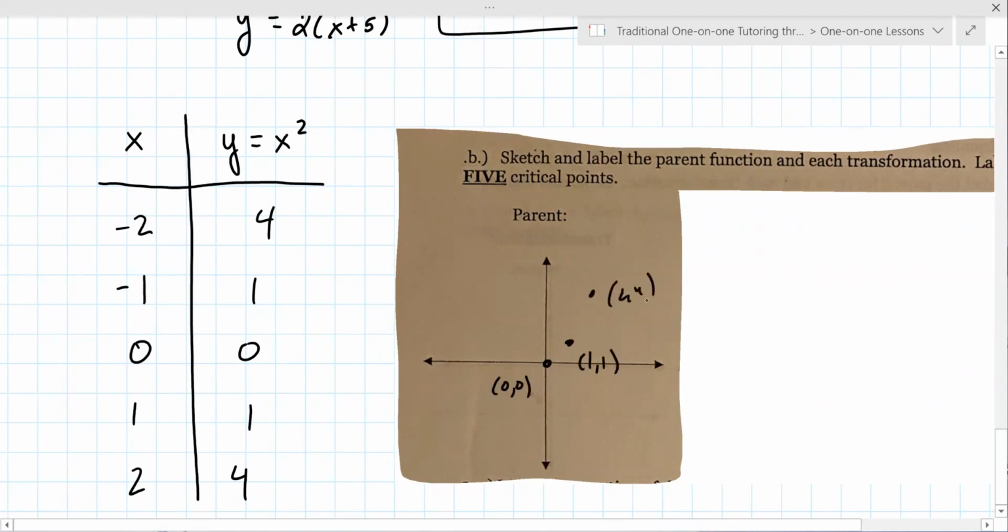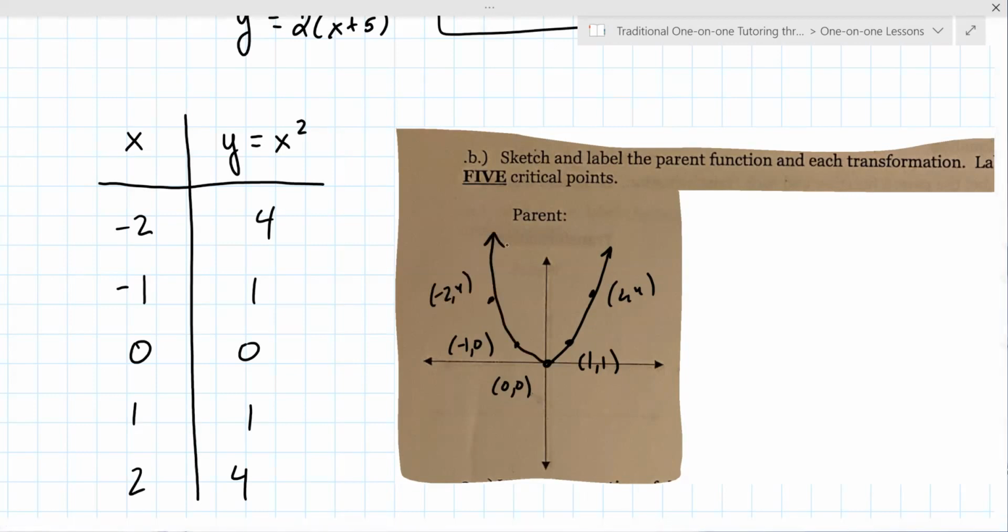And then going the other way, it's -1, comma 0, -2, comma 4. Okay, let me just write it. Let me know when you get all this down so we can move on to the next.